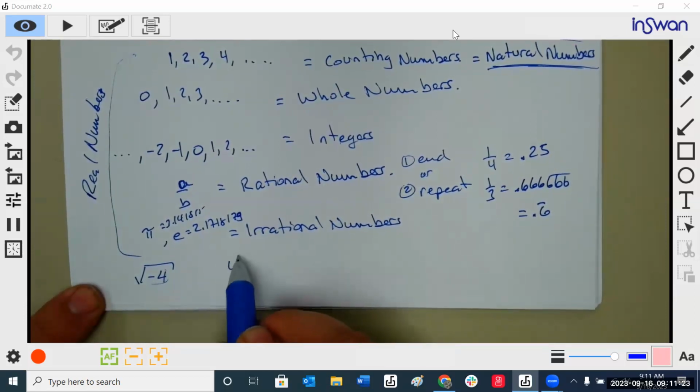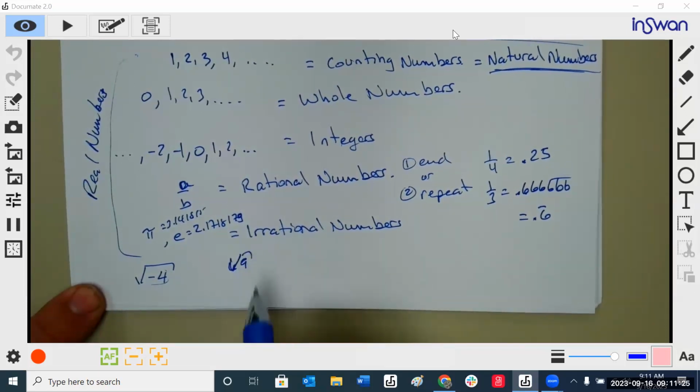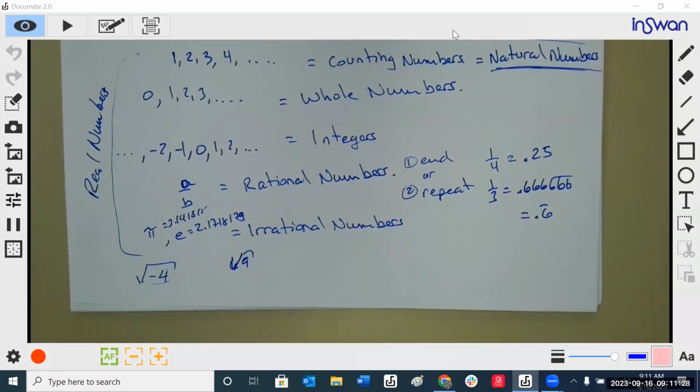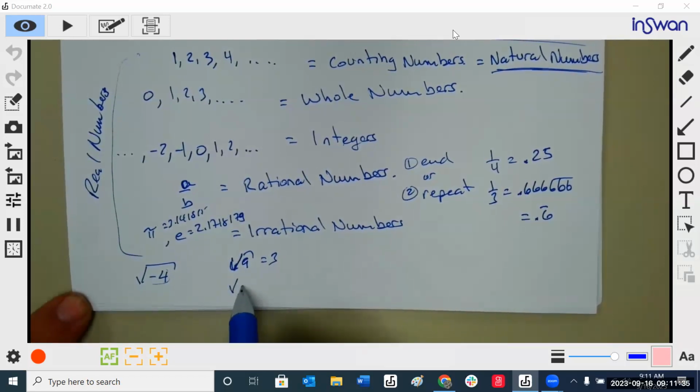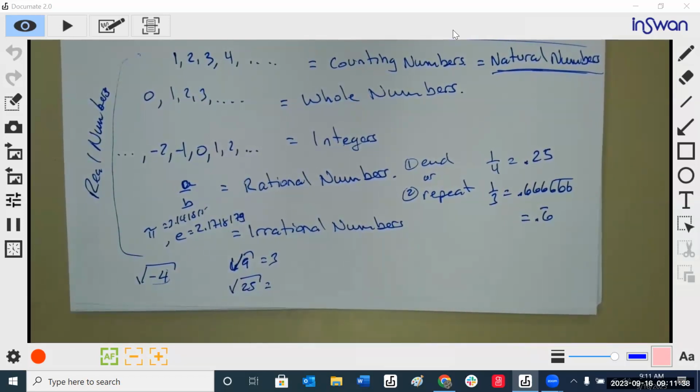Like square root of 9 is what? What number times itself equals 9? Yeah, 3 times 3 equals 9. What is square root of 25? 5 times 5 is 25. But there is no number that equals the square root of -4. If you multiply it, it's exactly the same number. -2 times -2 is 4. So that's when we came up with something called imaginary numbers.